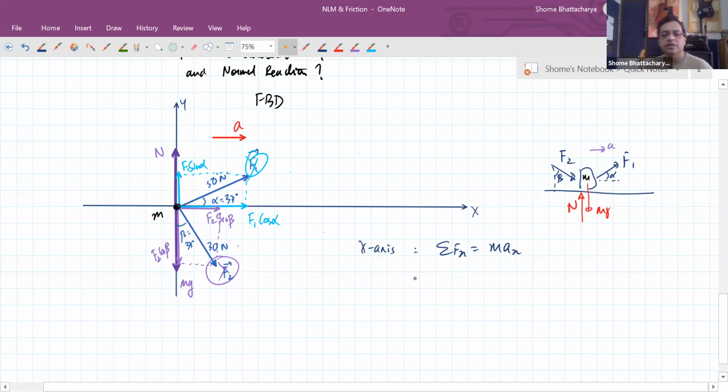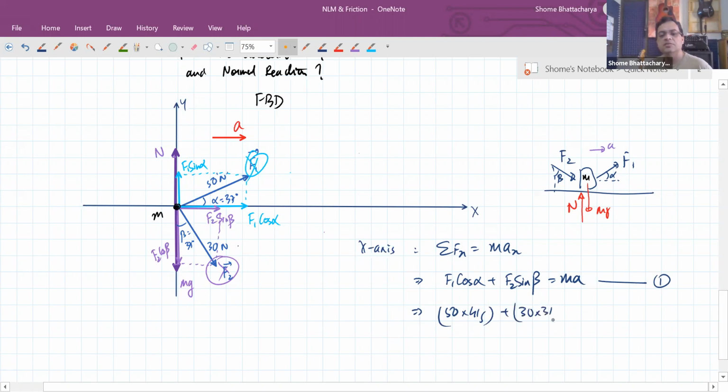So the net force along the x-axis we can see is F1 cos alpha plus F2 sin beta, and this should be equal to ma. Okay. So this becomes our first equation, and solving it, we will get 50 into cos 37, which is 4 by 5, plus 30 into sin 37, which is 3 by 5, will be equal to mass, which is 10 kg into acceleration.